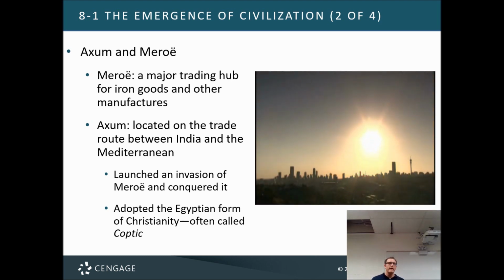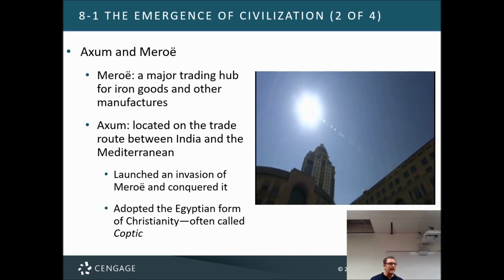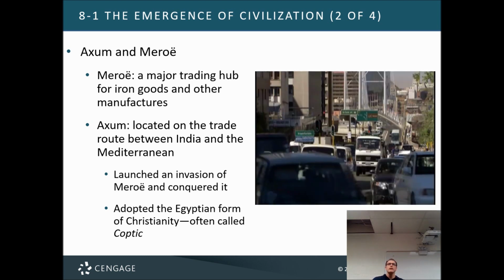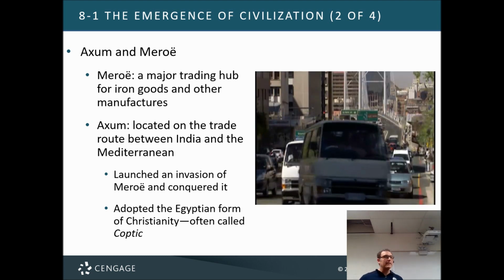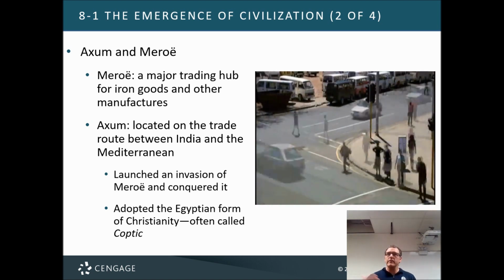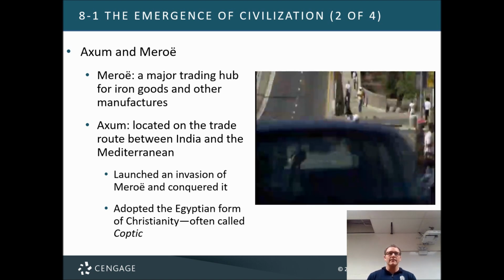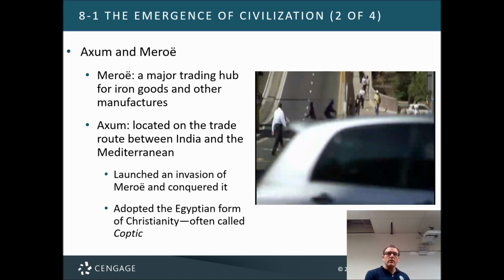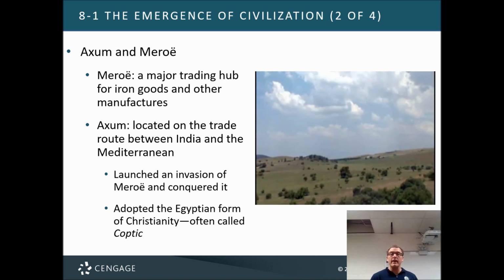And so when we talked about Rome in chapter 5, and we talked about how once they ruled an area expanded around the Mediterranean, if you look at square mileage of land, the kingdom of Aksum really rivaled the Roman Empire.